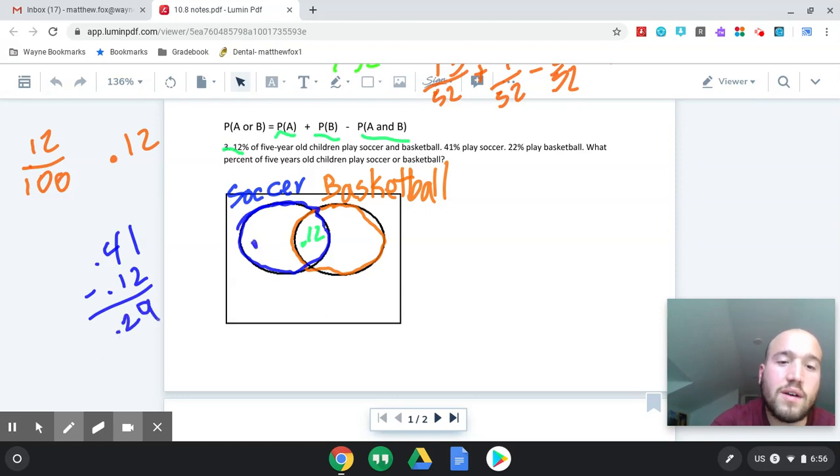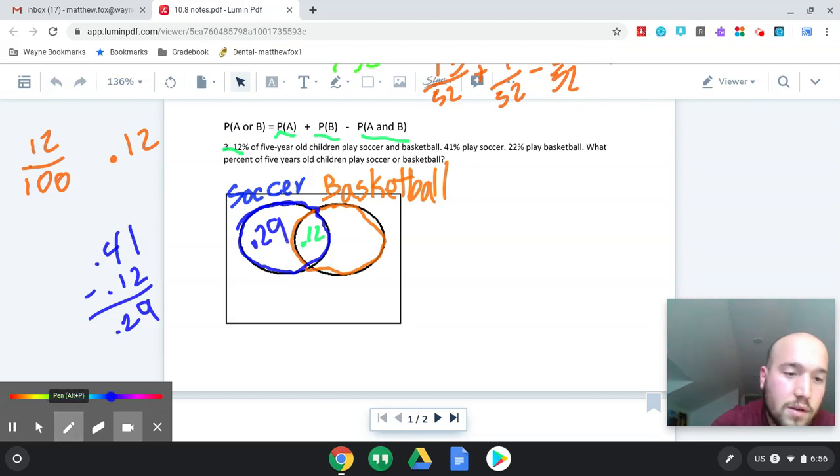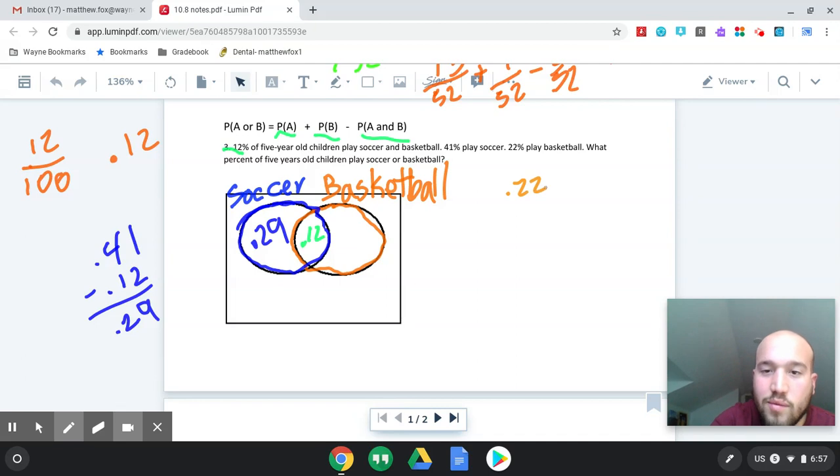That's how much goes over here. Now, in the same way with basketball, it's 22%, so 0.22, but 0.12 is already taken, so we subtract that off. We're left with 0.10. That's what's going to go right here.